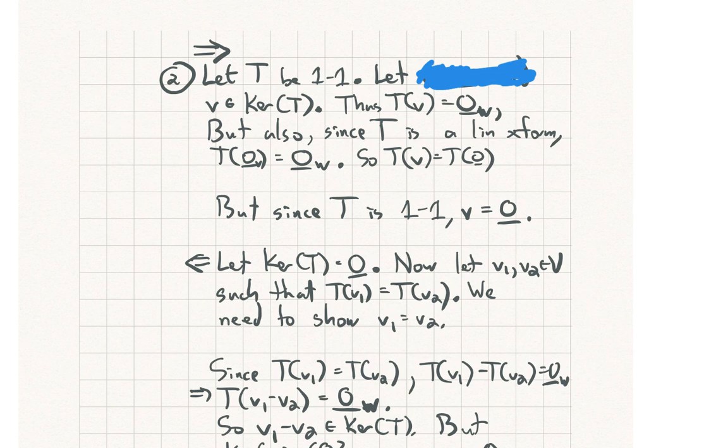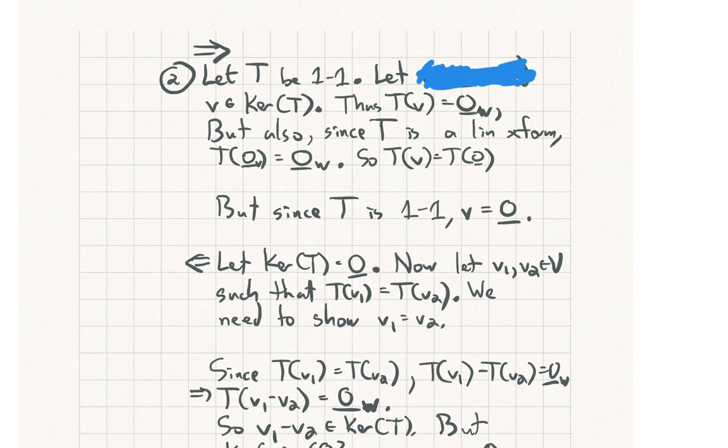But remember, we also know an element in the kernel is the 0 vector in V. We know that that has to get mapped to the 0 vector in W. And remember, what does a one-to-one function say? That if two things get mapped to the same element in your codomain, the element of the domain must be the same. So this tells us that v and the 0 vector in V are the same thing.